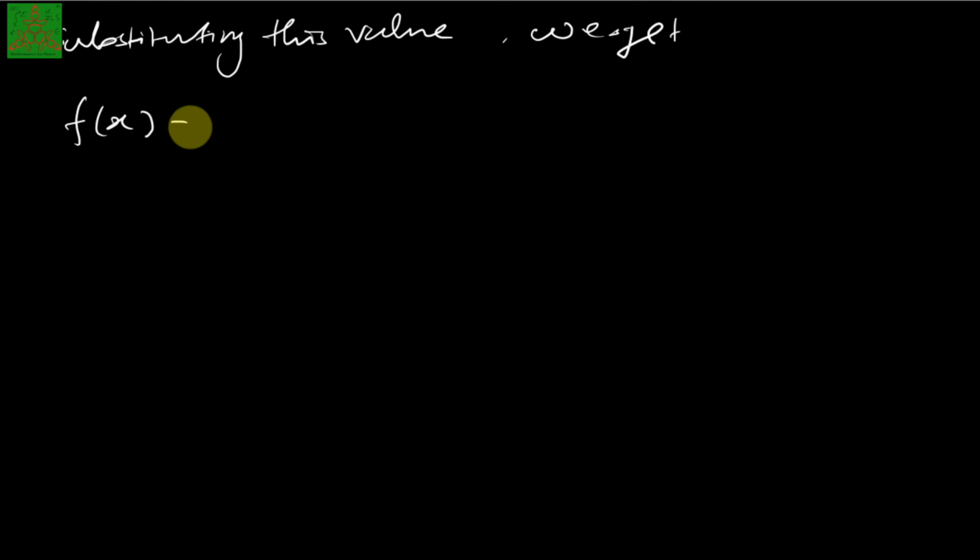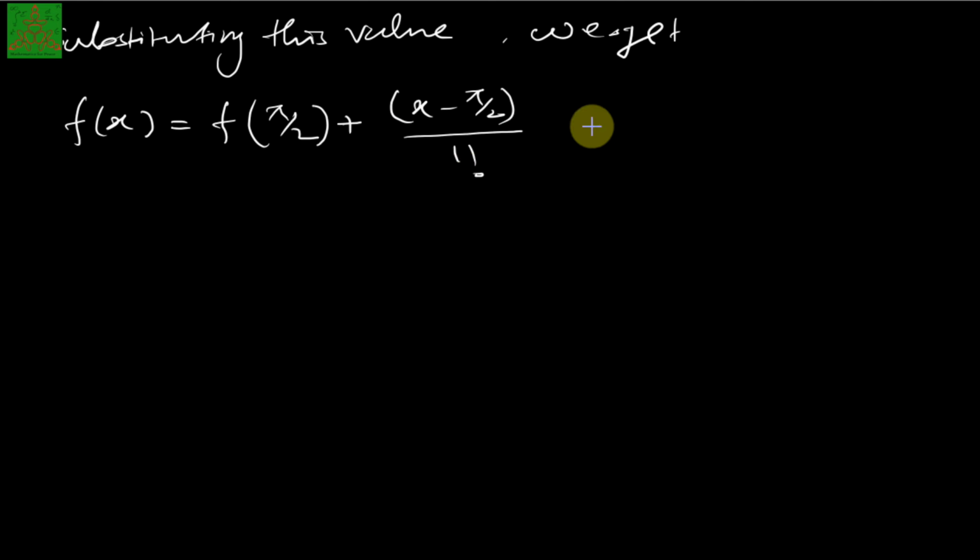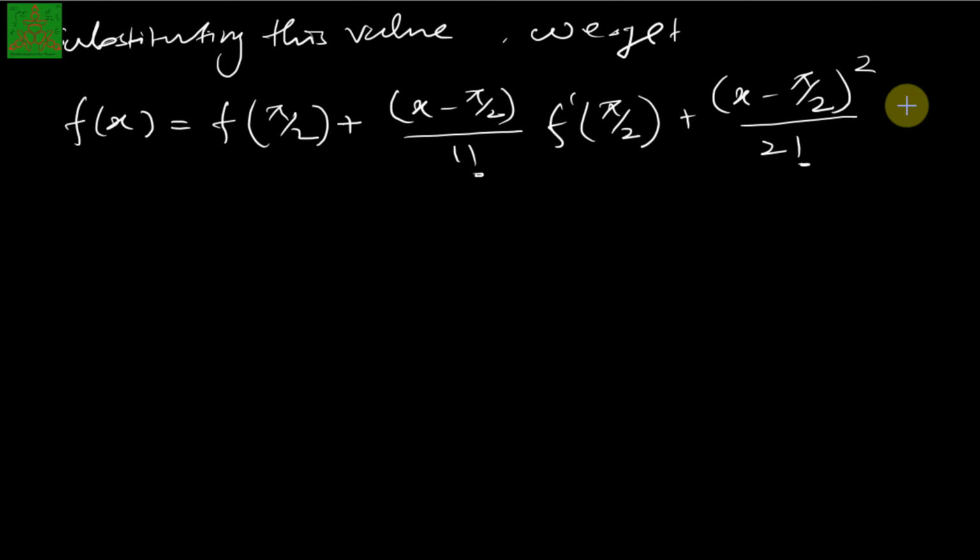into this equation. f of x is equal to f of pi by 2 plus x minus pi by 2 upon 1 factorial f dash at pi by 2 plus x minus pi by 2 square upon 2 factorial f double dash at pi by 2, and so on.